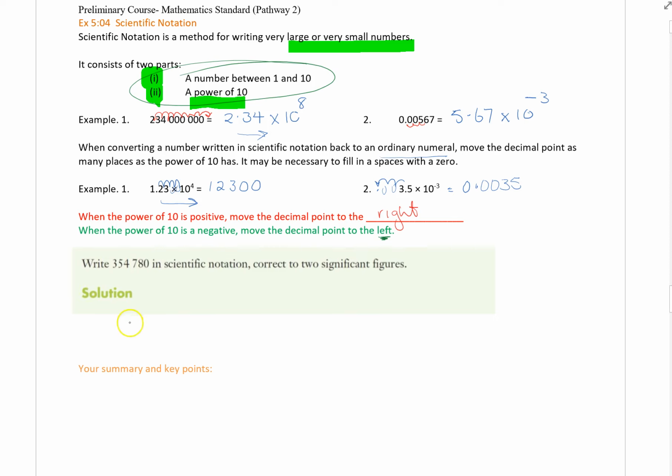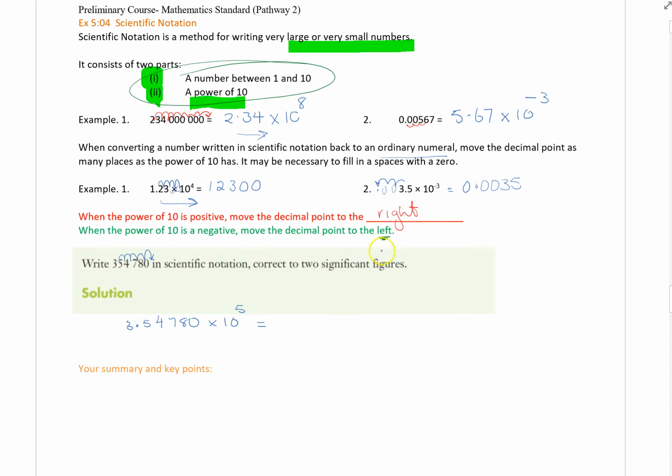So this becomes 3.54780 times 10 to, well, I've put the decimal point in here, but it needs to be 1, 2, 3, 4, 5 places. So we want it to the power 5, and a positive 5.